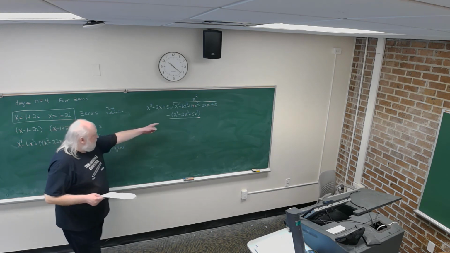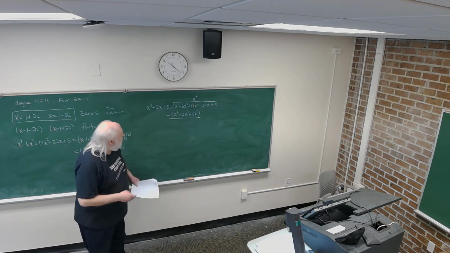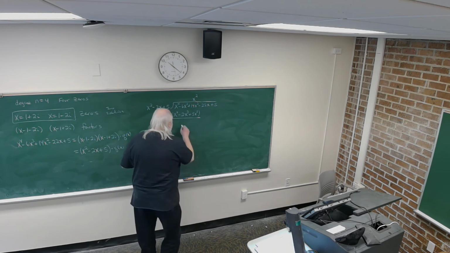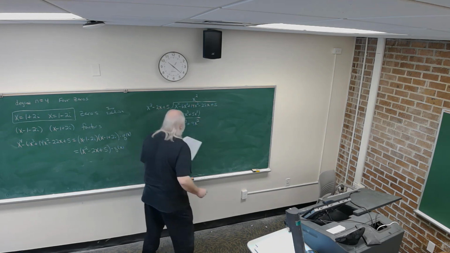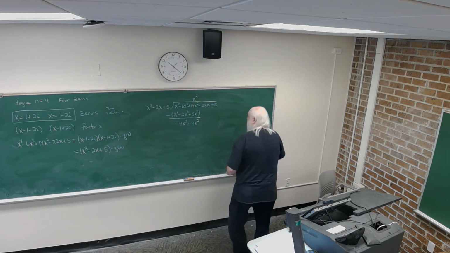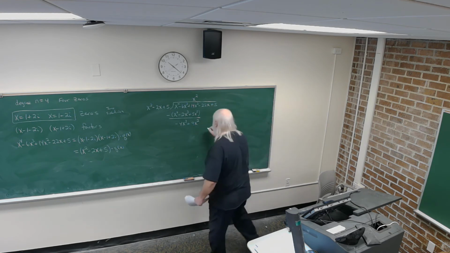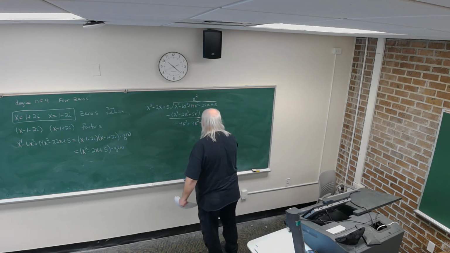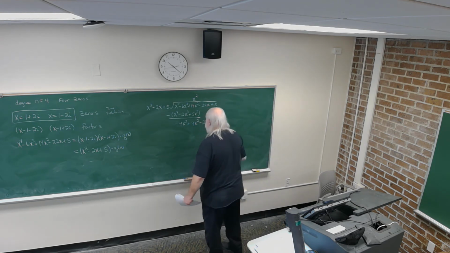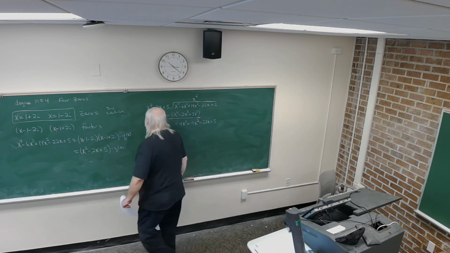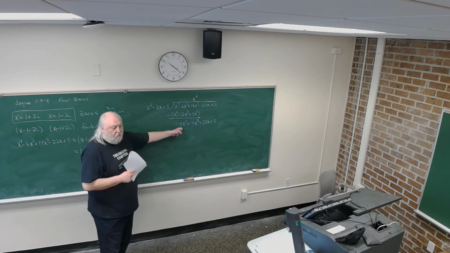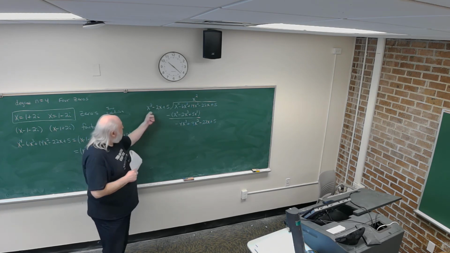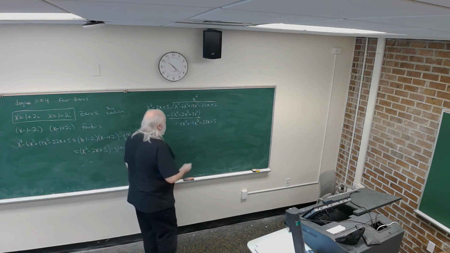And when you subtract this in parentheses from the dividend, you end up with minus 4x cubed plus 9x squared. And then you've got to bring down the minus 22x plus 5. Then you ask yourself, how many times is x squared going into minus 4x cubed? Well, minus 4x cubed divided by x squared is minus 4x.